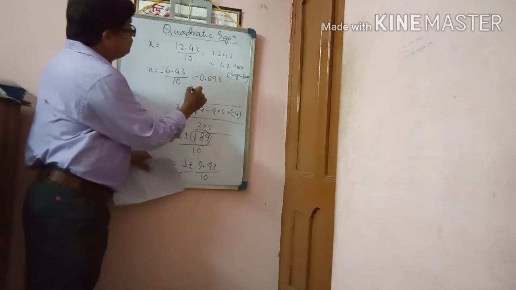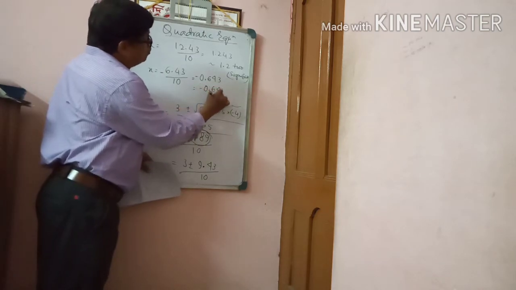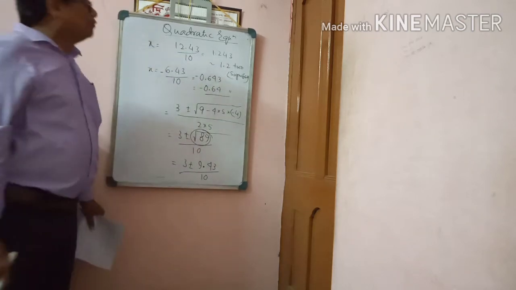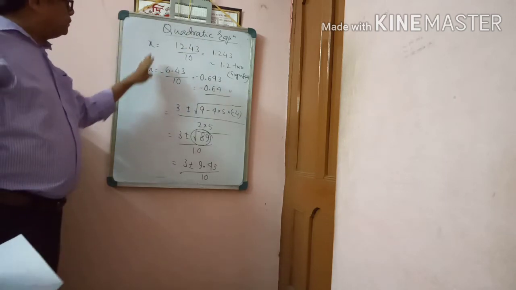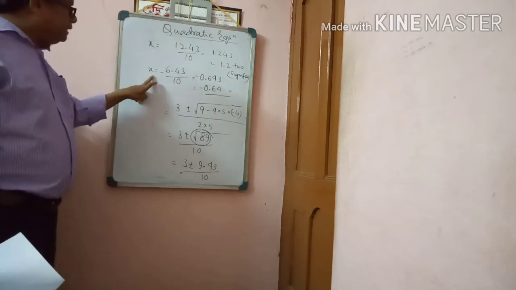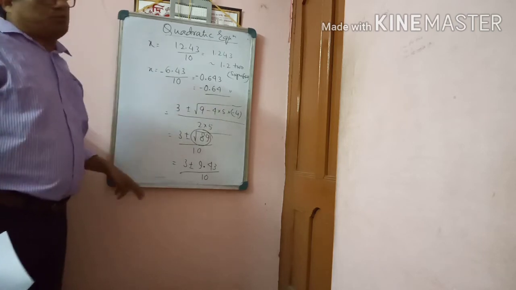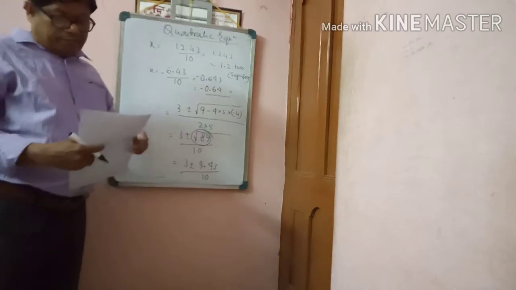So to 2 significant figures it will be minus 0.64. The value of x is 1.2 taking the positive sign, and taking the negative sign, the value will be minus 0.64, up to 2 significant figures.